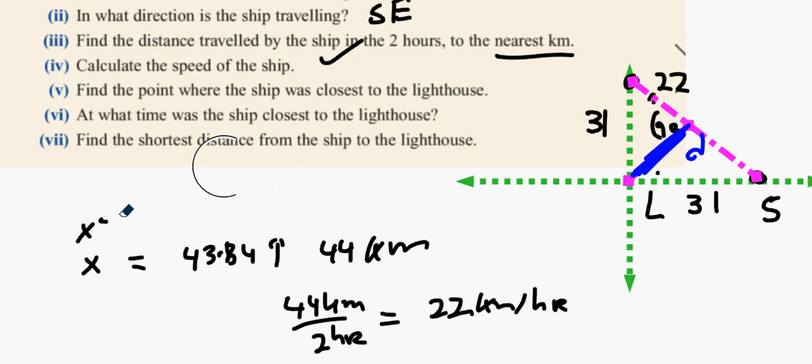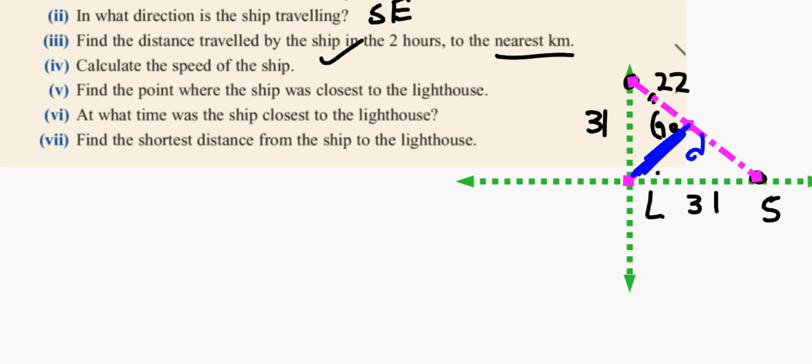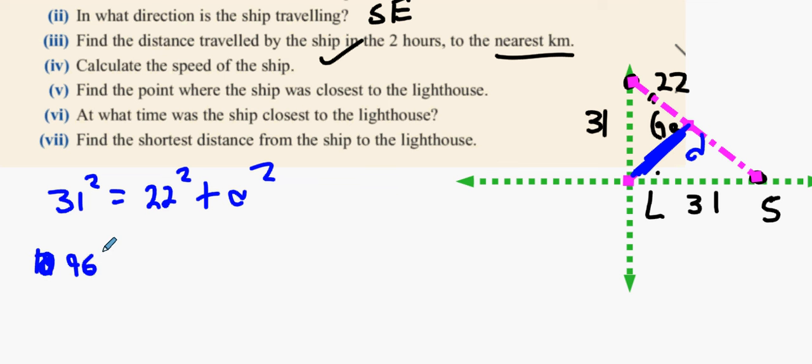31 squared is equal to 22 squared plus our distance d squared. 31 squared, anybody? 961. 22 squared, 484, is it? 484.